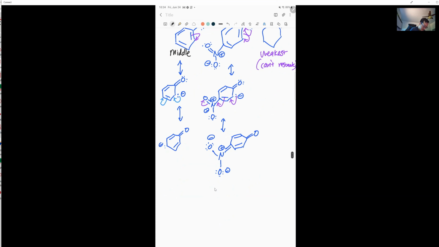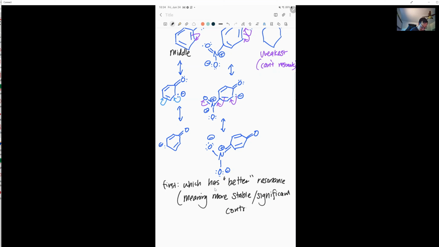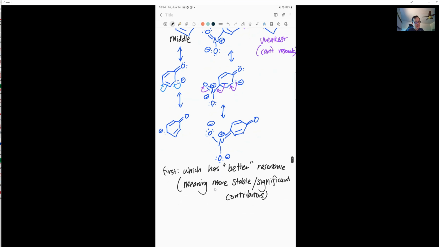We're looking at first, which has better, meaning more stable, significant contributors. So that's our thing. And then if they have relatively similar stability, then which simply has more contributors.